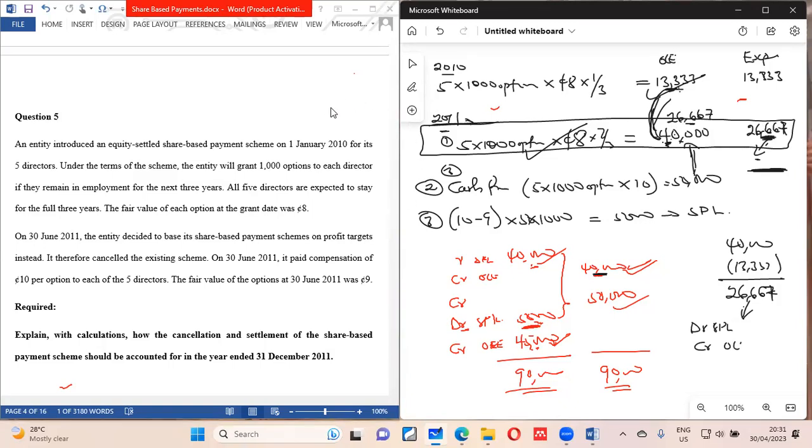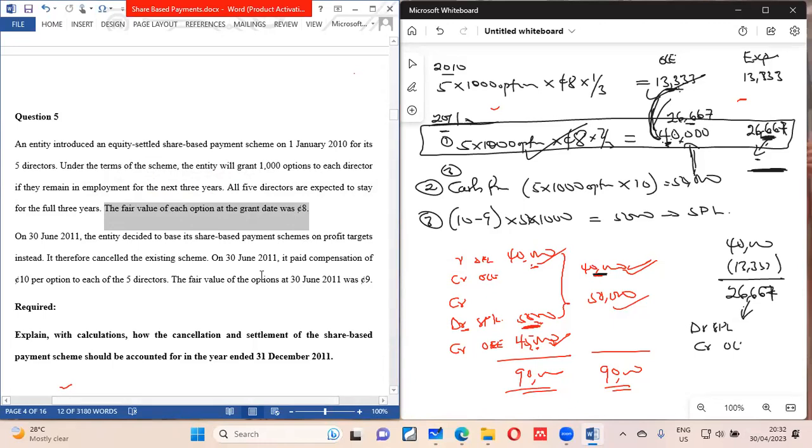What about if the second fair value was not given, the 30th June 2011, the 9? It means that it will be the same value that will be running through, 10 minus 8. It means it will be the same fair value that we run into, just like we did at the modification.